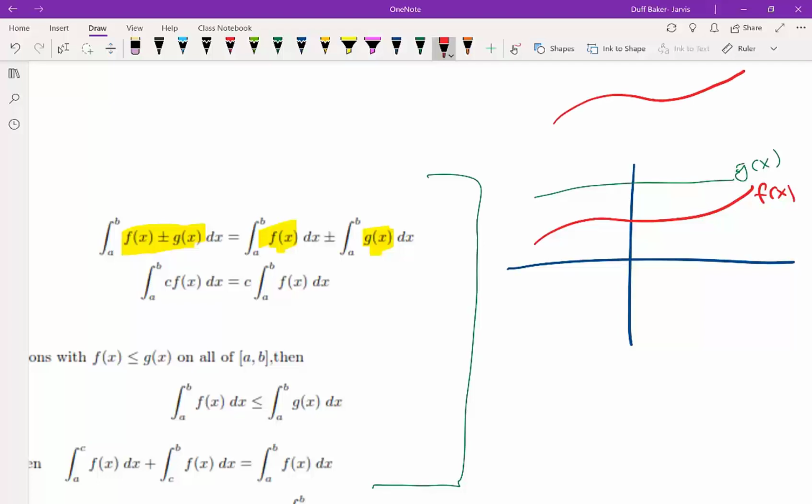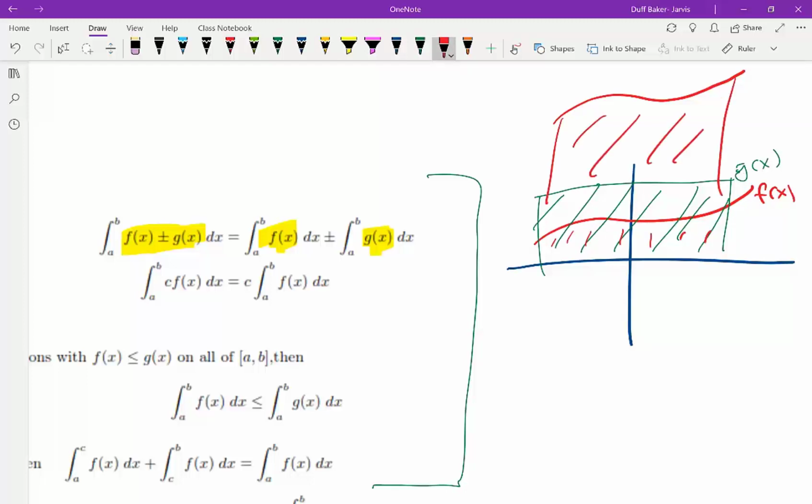Because g is roughly flat, it would just shift f up. And so what it's saying is, if you take this area, and then you stack on top of it this area, that would be the same as this part. If you add them together, they just stack.